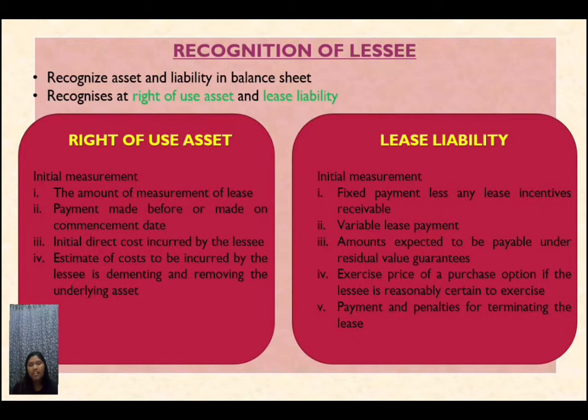It is measured at the present value of the future lease payments, where interest will be accrued. The payments include all five of these as well: fixed payments, less any lease incentives receivable, variable lease payments, amounts expected to be payable under residual value guarantees, the exercise price of a purchase option if the lessee is reasonably certain to exercise it, and payments of penalties for terminating the lease.